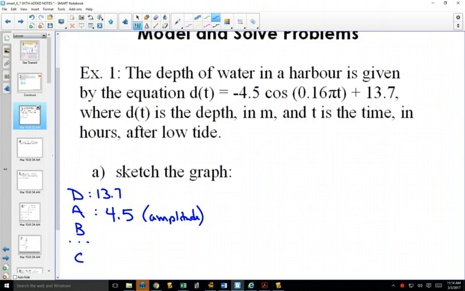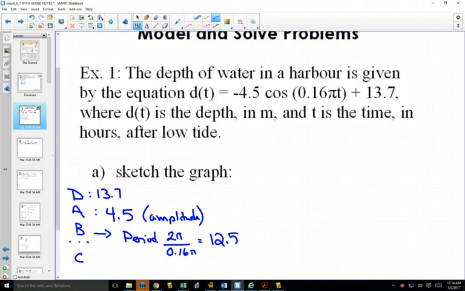And our B value helps us calculate our period because our period is 2 pi divided by our B value, 0.16 pi. If you type that into your calculator, you get 12.5. And in this one, we have no C value.